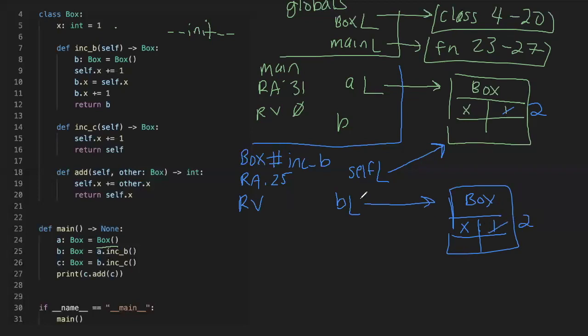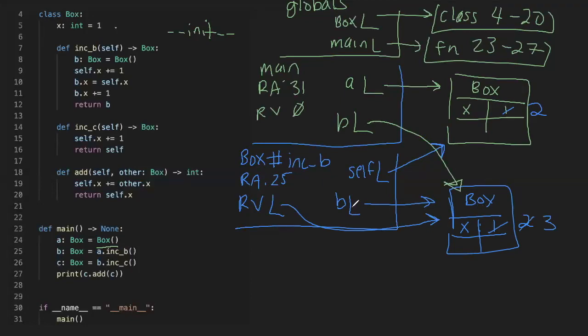And then we say b.x plus equals 1 again. So this becomes 3. And then we return this same b object. Okay. So now back up in our main function, b in main is pointing here to this Box object that we returned.